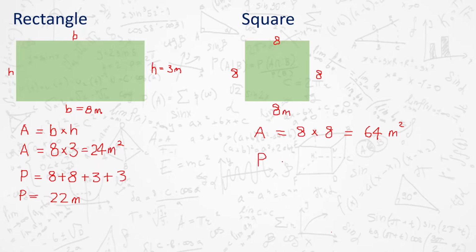If I'm looking for the perimeter, I have 8 plus 8 plus 8 plus 8, or I can just do 8 times 4, which is 32 meters. So this is rectangle and square, both areas and perimeters calculations.